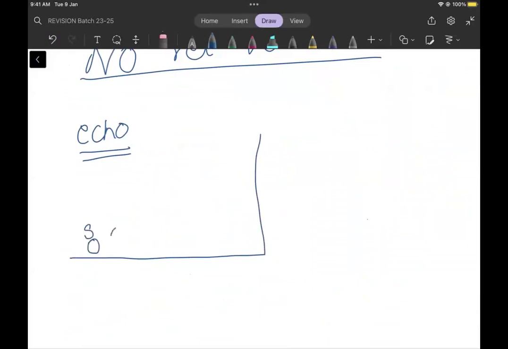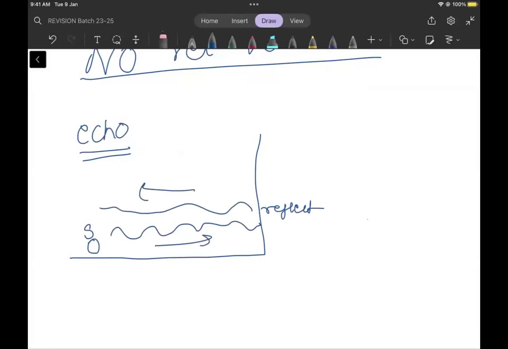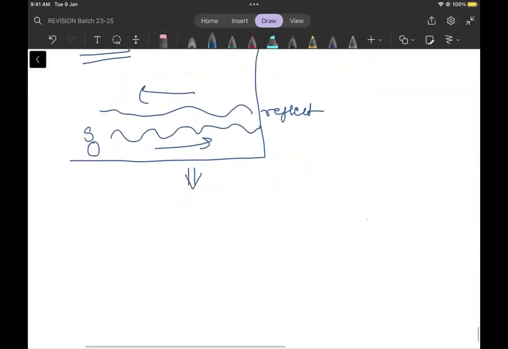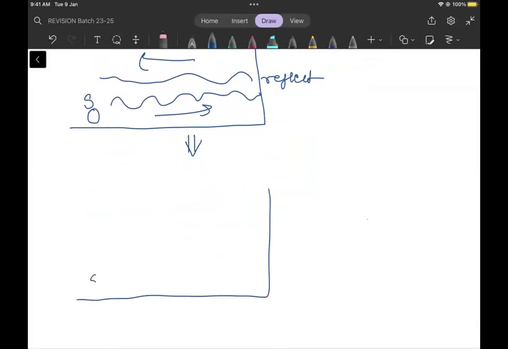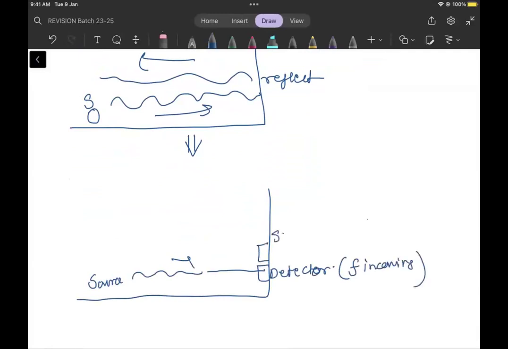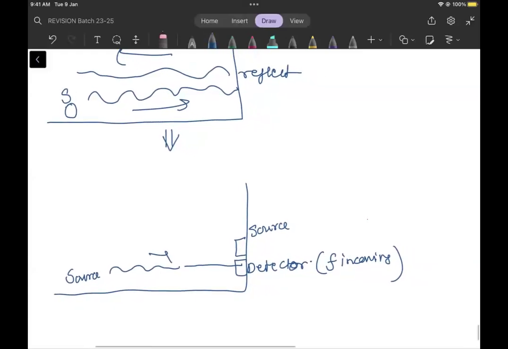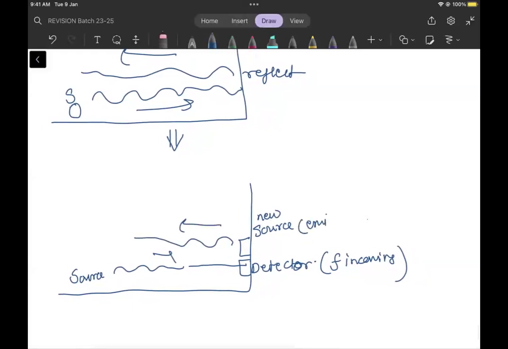एको का मतलब सोर्स, साउंड वेव गया, यहाँ पे रिफ्लेक्ट हुआ, वापस आया, ये एको होता है। लेकिन हम इसको ऐसे नहीं ट्रीट करेंगे। हमारे लिए ये सोर्स होगा, सोर्स से वेव जाएगा, यहाँ पे एक डिटेक्टर होगा, ये डिटेक्ट करेगा फ्रीक्वेंसी, और इसी फ्रीक्वेंसी को ये सोर्स, नया सोर्स है ये, सो दिस इज अ न्यू सोर्स, उस फ्रीक्वेंसी को ये एमिट करेगा। एमिट्स डिटेक्टेड frequency.